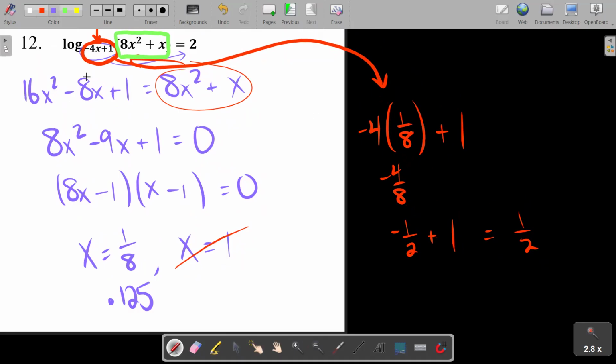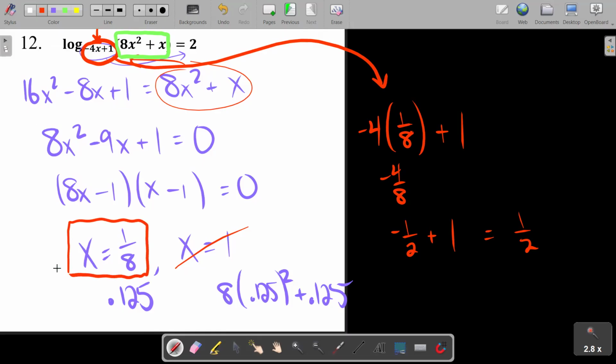So you could type into your calculator 8 times 0.125 squared plus 0.125. But all that is really silly because it's just a bunch of positives. There's no negatives anywhere. So that one I think is pretty obvious that it works. So I would give 1/8 the box, whereas I gave positive 1 a cross out.